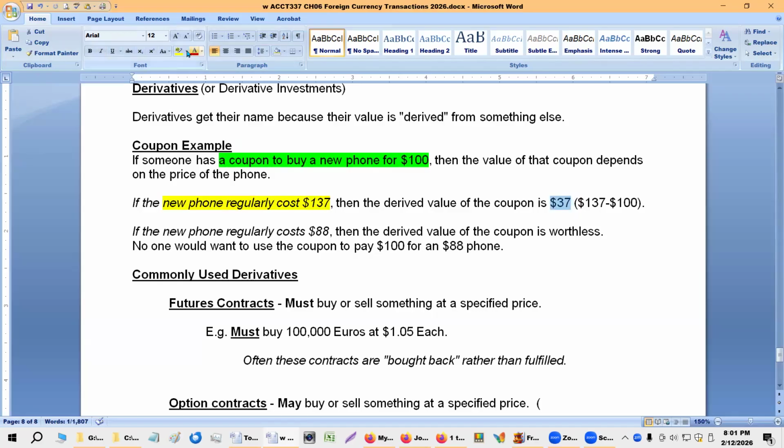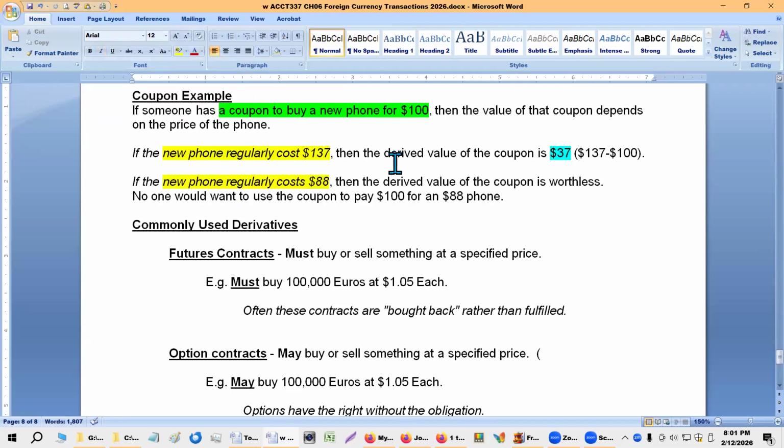So it's derived from whatever the value of the phone is. So the value of the coupon is derived. If the new phone only costs $88, then the coupon is worth nothing.